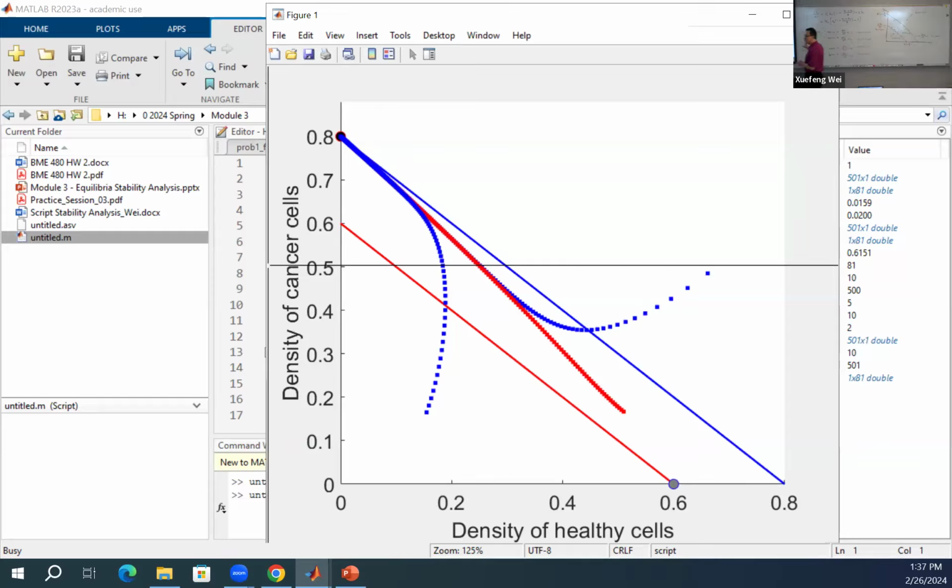But even without me showing you this, with all this analysis on paper, you should know. I'm going to use this side of the board. If I ask you to draw some representative trajectories with different initial conditions, we have this line here, this line here, and this line here.